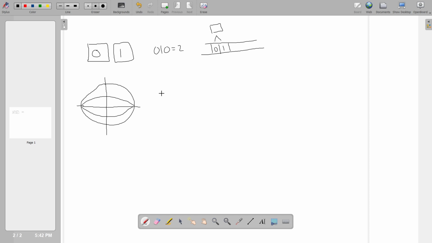So if we have a single, I'll just represent this as a normal bit. If this is a normal bit, and we see this is the equation for it, we know that it is always 1 times 0.